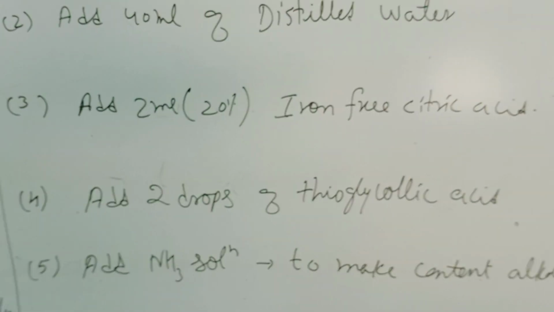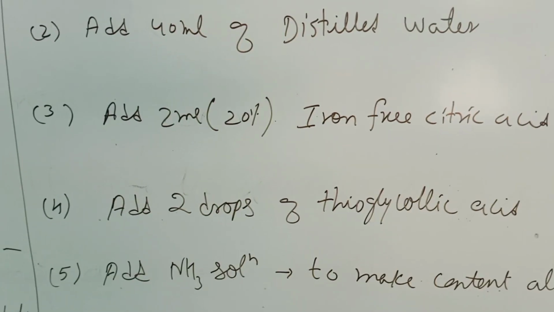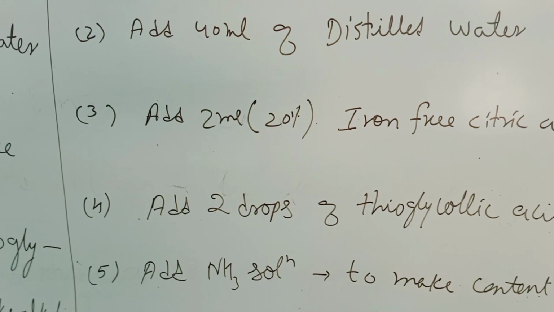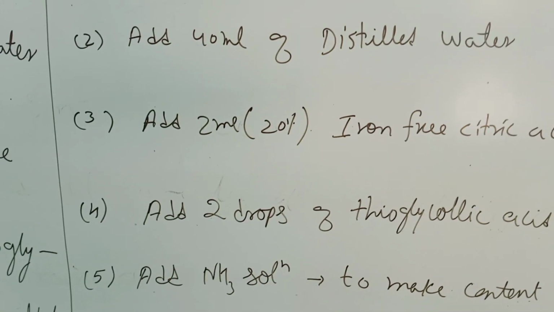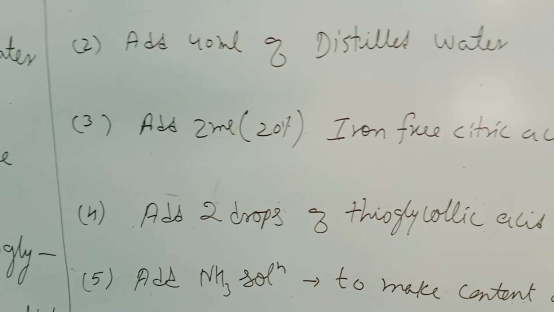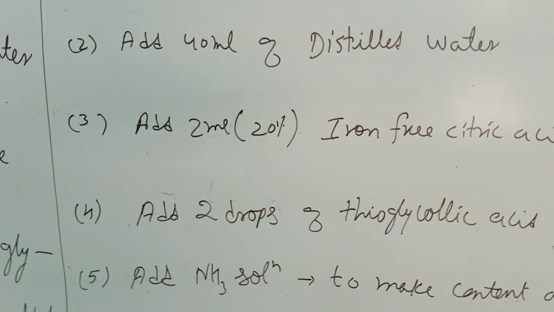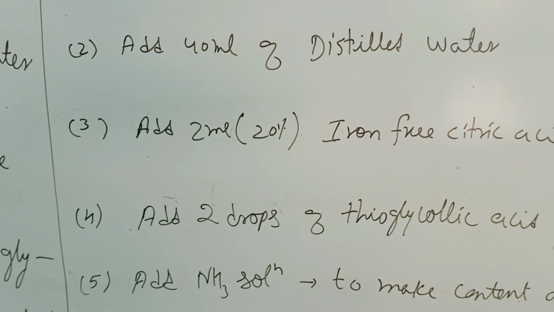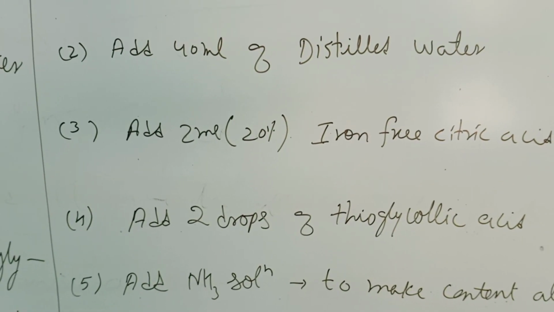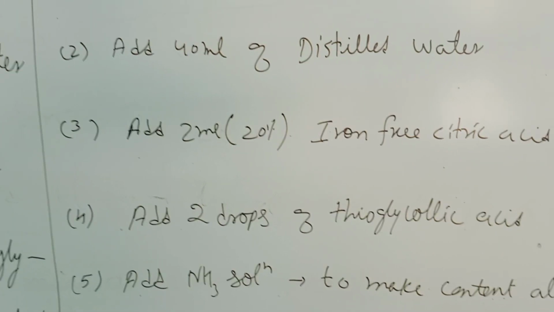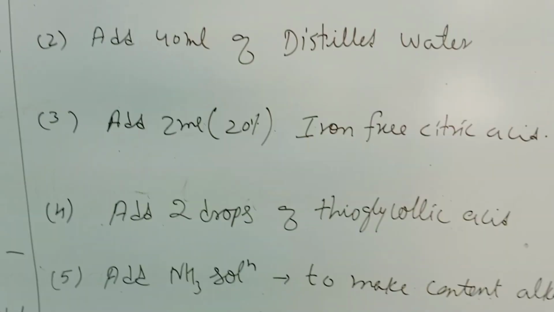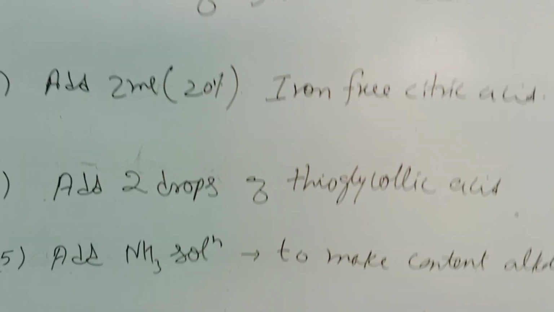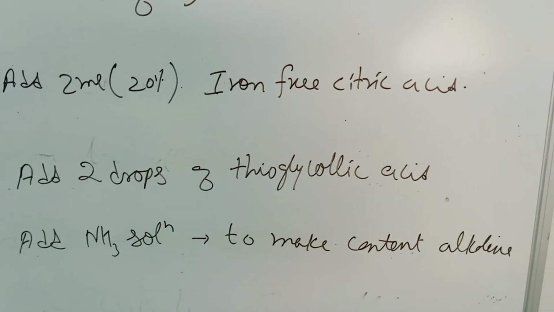The quantity is not mentioned here, and the same is true for the test solution, because whatever quantity of ammonia solution has to be added must be sufficient to increase the pH of the solution, or to make the content, that is the standard solution, alkaline. So we have to add the ammonia solution accordingly, to increase its pH.